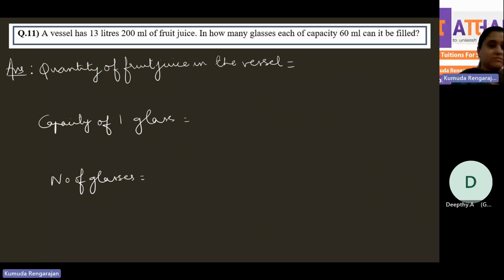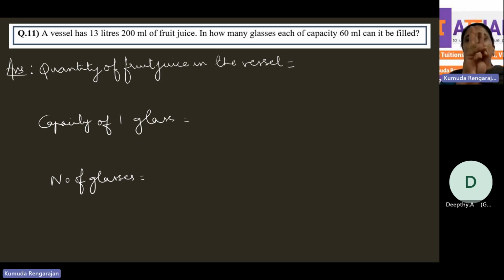Okay, let's take a simpler question. Santosh, supposing you have 2 liters of juice, and you have identical glasses, each of capacity 200 ml.